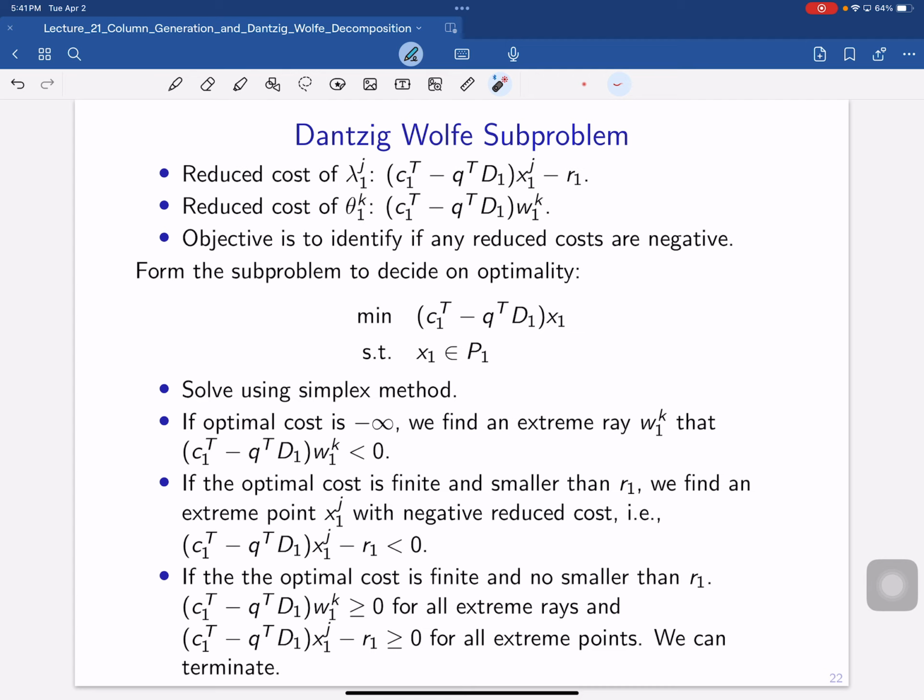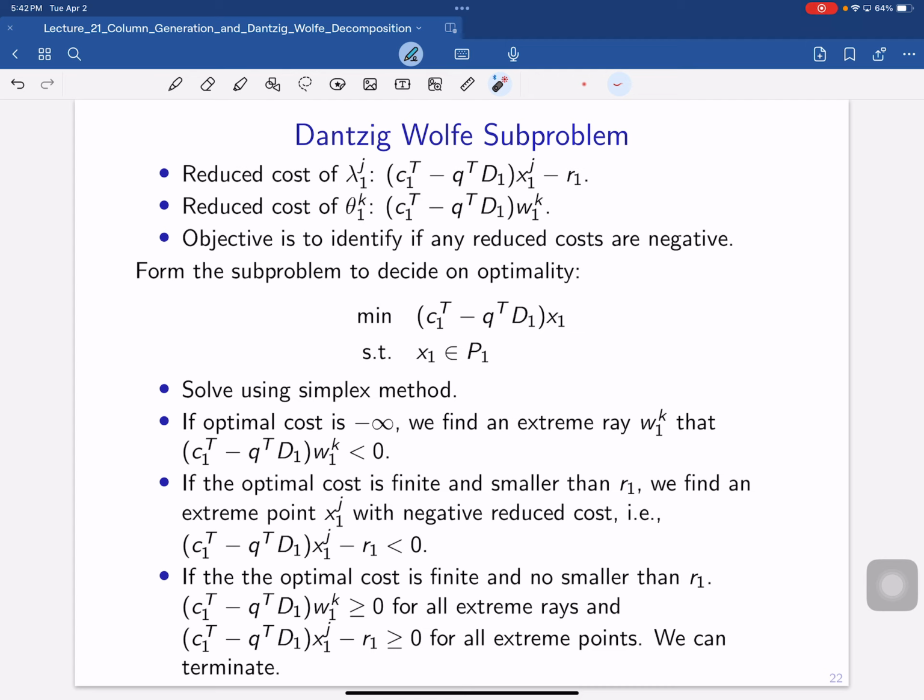That means you find an extreme ray that gives you a negative reduced cost. Then what you can do is add that extreme ray back to the Dantzig-Wolfe master problem. And if the optimal cost is finite and it gives you a negative reduced cost, then you will find an extreme point that gives you a negative reduced cost. Then you add an extreme point as a column back into the master problem.